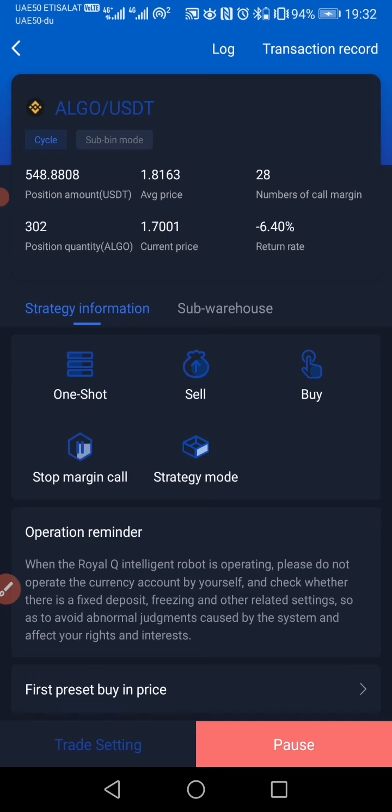If you set a take profit ratio of 1.1 or 1.2, once your current price surpasses your average price by 1% or 1.2%, depending on what you set, it sells and makes that profit. Then it buys again, starting another cycle.